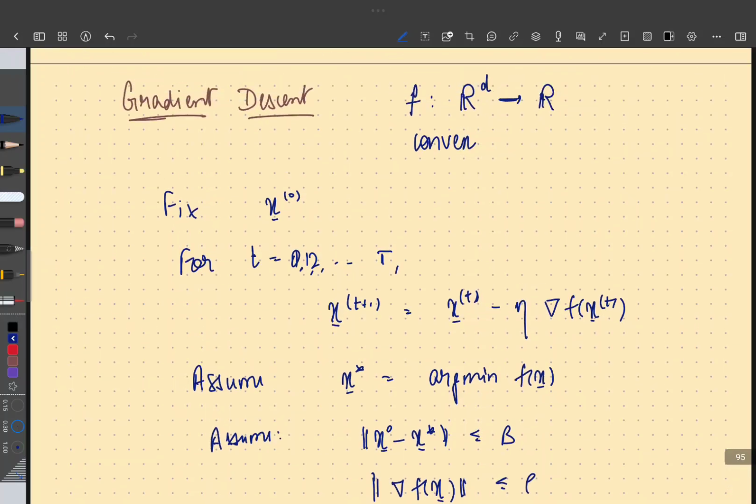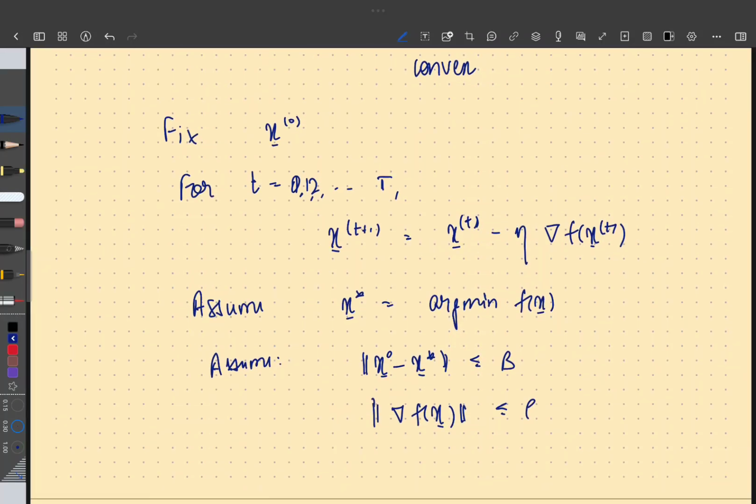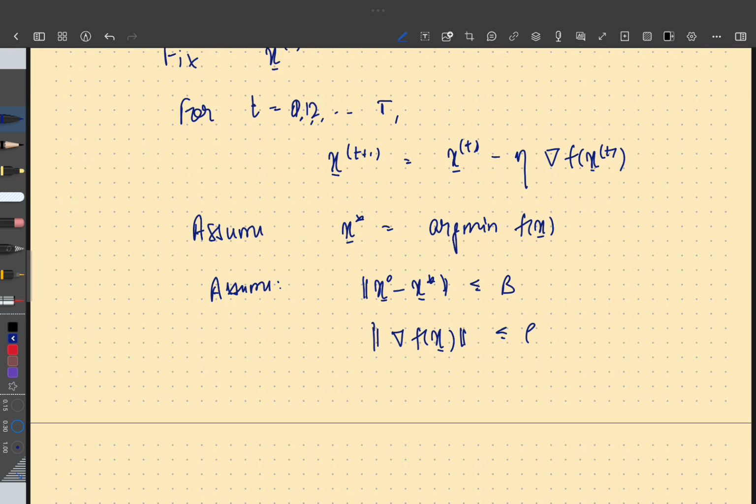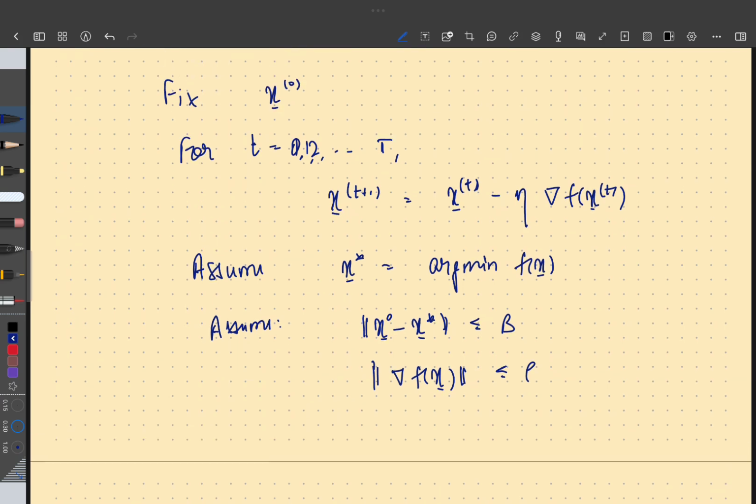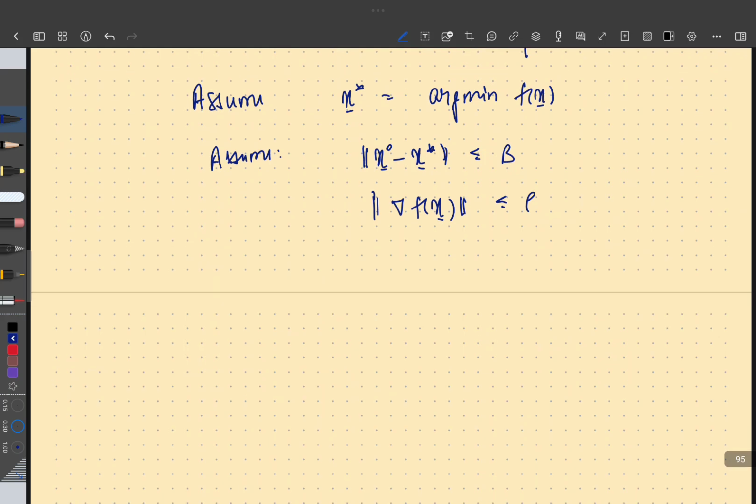Okay, so typically in the analysis, you make a small modification, that is, at the end of t steps, you don't see how far x_t is from x star, but rather the output of gradient descent is x bar, which is the average of the iterates.